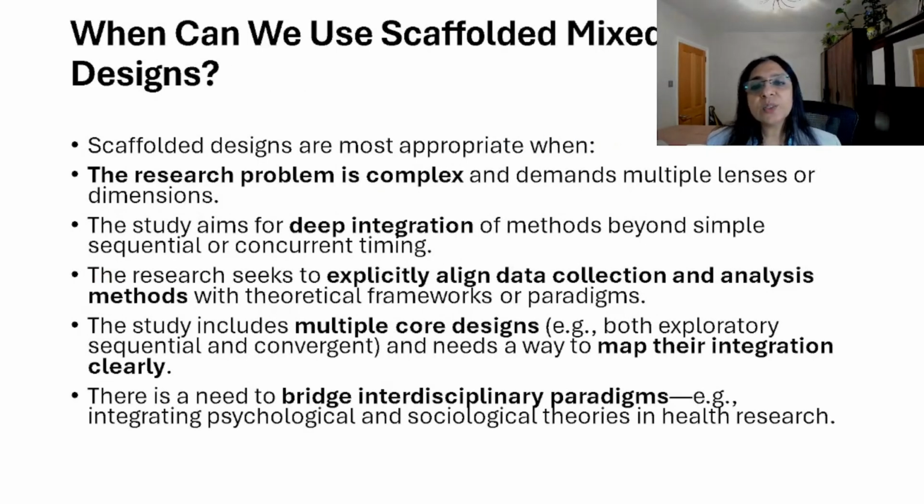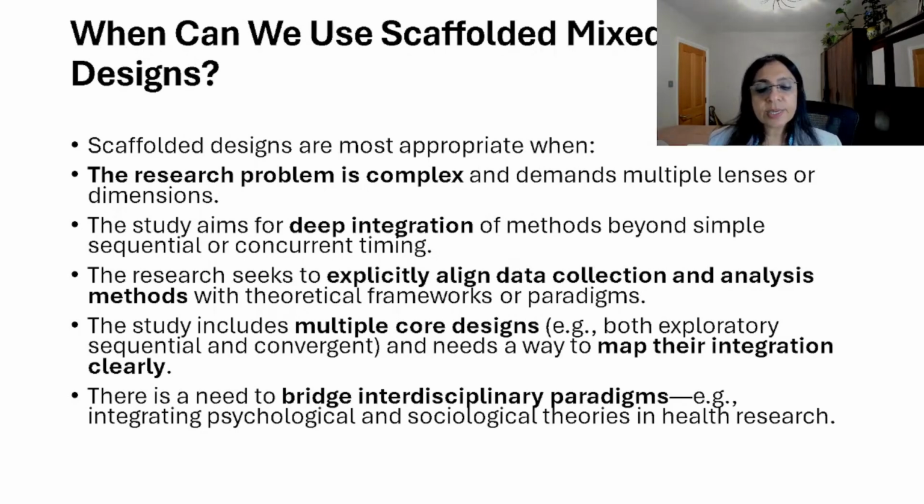So when can we use scaffolded mixed method design? They are most appropriate when the research problem is complex and demands multiple lenses or dimensions. The study aims for deep integration of methods beyond simple sequential or concurrent timing.